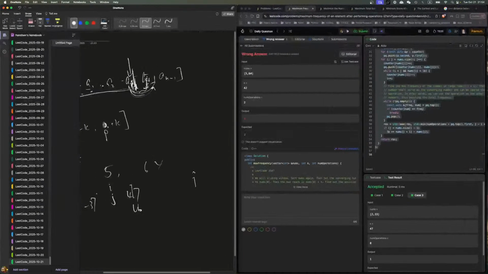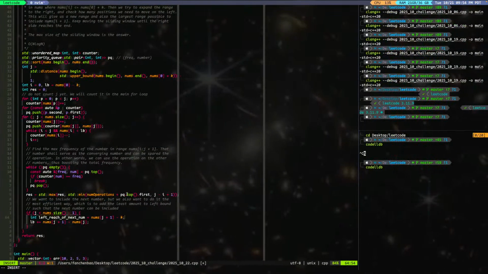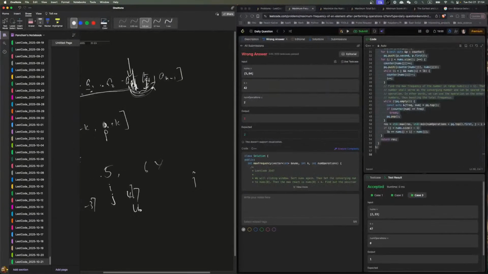So the minimum operation is two operations. The top is 1. So the maximum we can get is 3 operations, but this is a 1, so currently I got 1, okay?